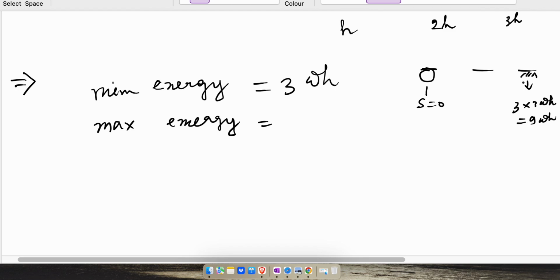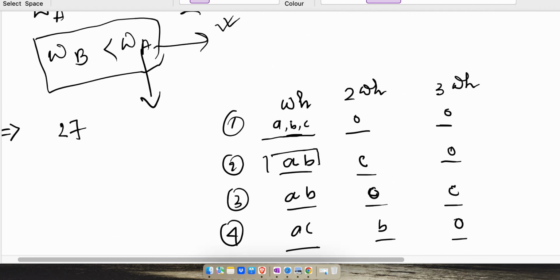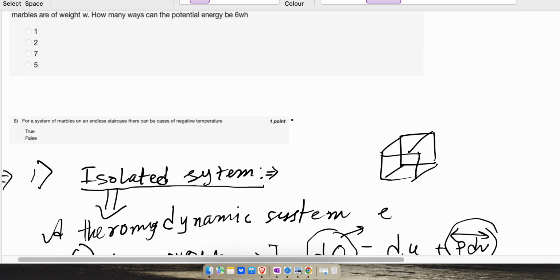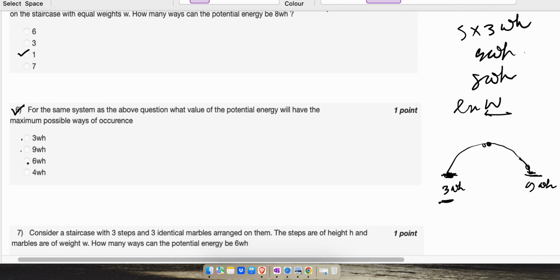Since it is the only possible way, the entropy is also 0. That means the first two options, 3 omega h and 9 omega h, are wrong. So we have to check how many possible ways I can get 6 omega h and 4 omega h in the system. Let us calculate that.